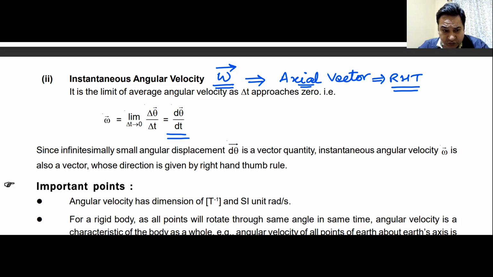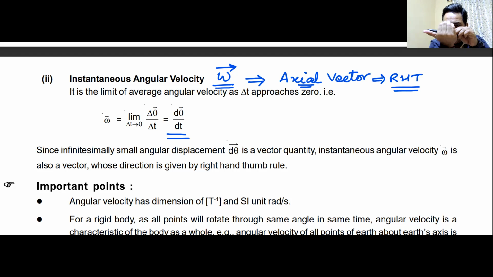What does the right hand screw rule or right hand thumb rule say? For example, if this is the positive x-axis, I hold the positive x-axis in my right hand, with my thumb pointing towards positive x.